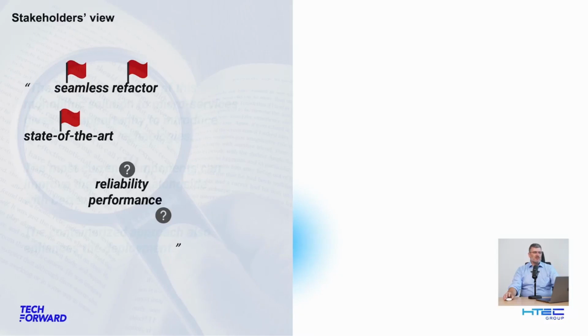The words seamless, refactor, and state of the art are familiar but raise a red flag immediately. Reliability and performance resonate better with their mindset, but they seem to be just placeholders in this context. In order to break that barrier, I prepared for you a dictionary for engineers and stakeholders.